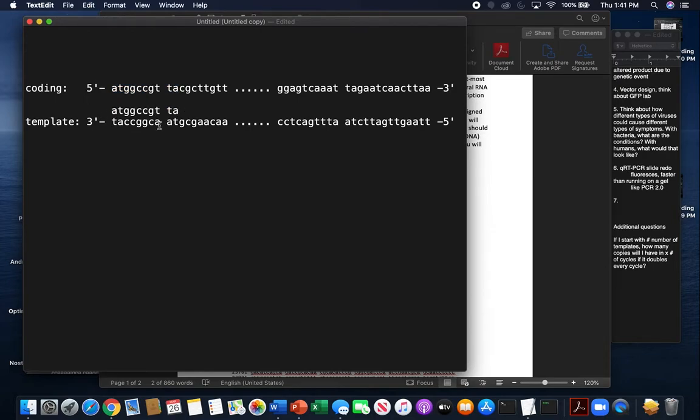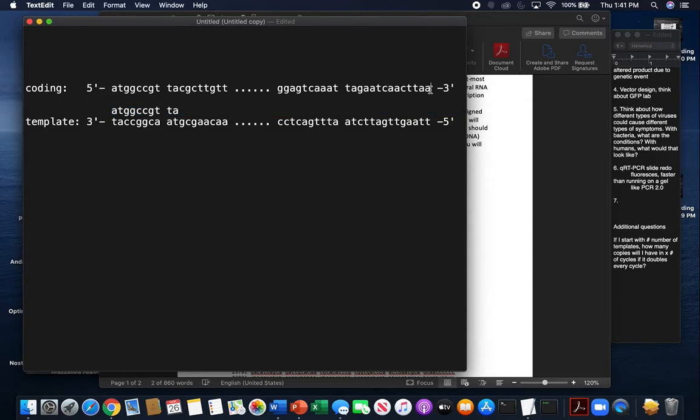So if I want this primer, all I have to do is take the coding strand segment, 12 to 15 nucleotides, and that will give me the primer that binds the template strand. This is called the forward primer because this is the beginning of the gene according to the coding strand. It begins at this ATG and continues in this direction. It's the forward primer because it will synthesize the reverse complement in this direction.